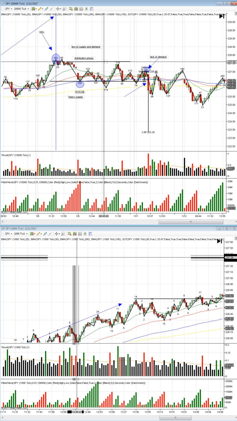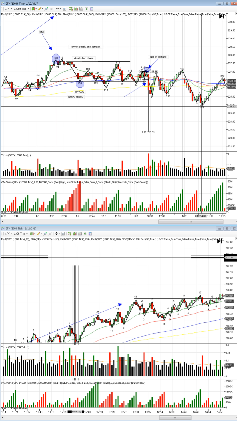Increase in supply, lack of demand will force price lower. That's what's going on. After it breaks, it retests, you sell. They do an up thrust of this area because they're smart, and then they take it down.